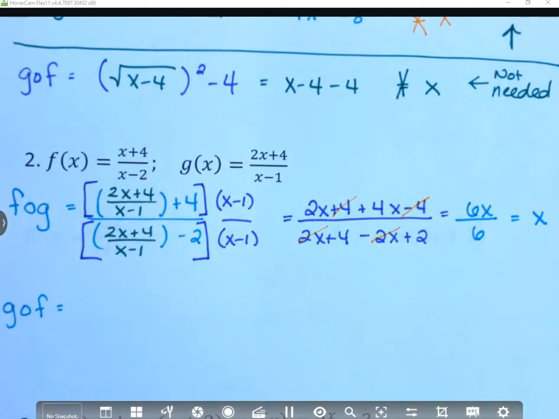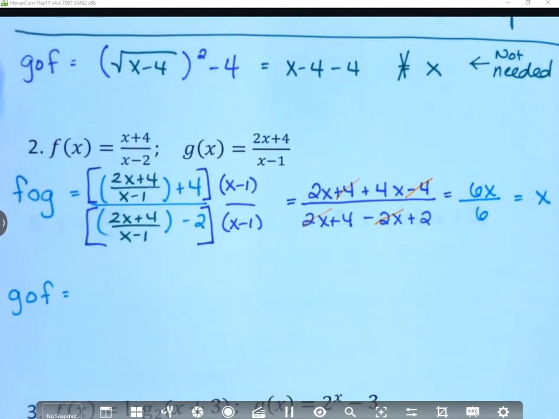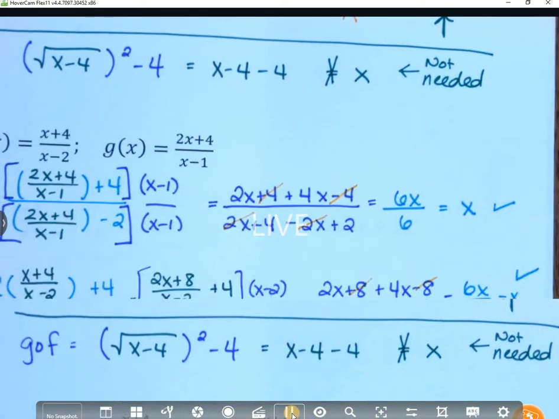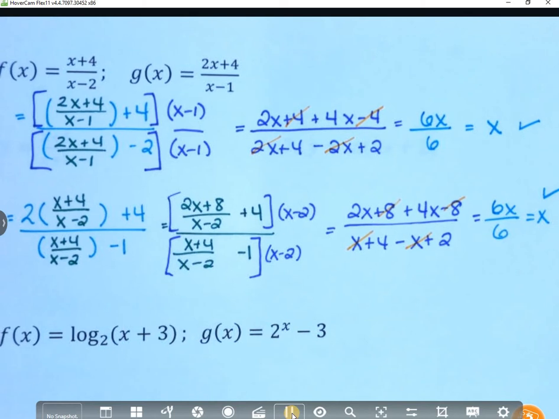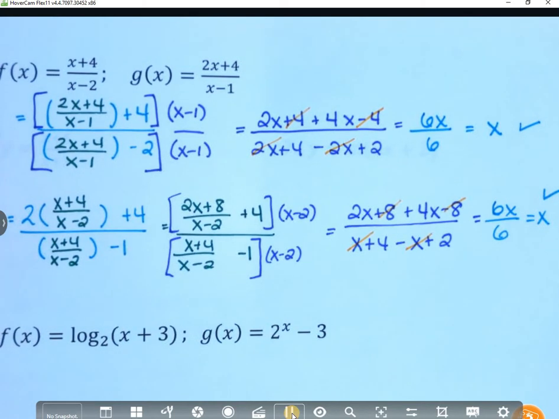I wish I could tell you something different, but yeah, they're a pain in the neck. Why don't you all see if you can do g of f? Work the fraction all the way. But let's take a look at the answer here. Do not try to do more than one thing with your numbers at a time.